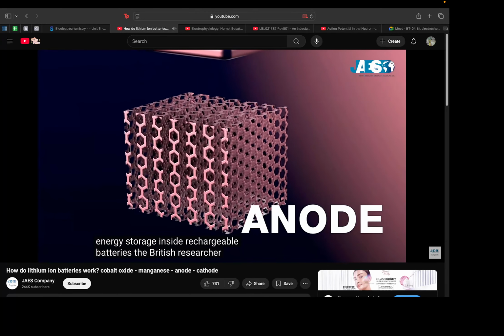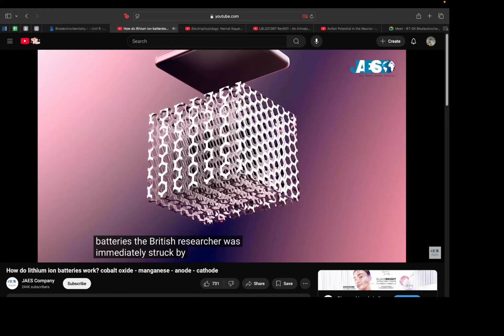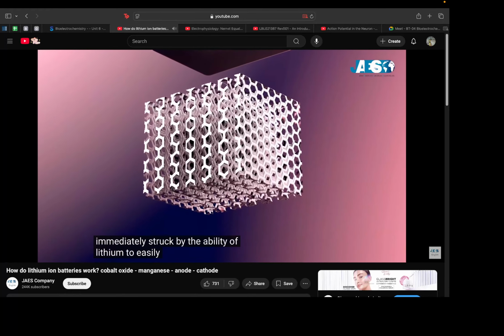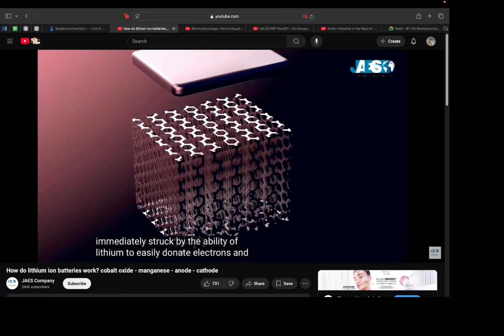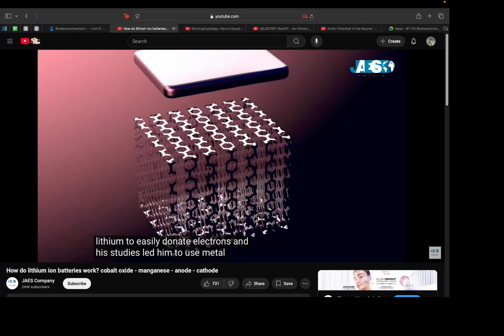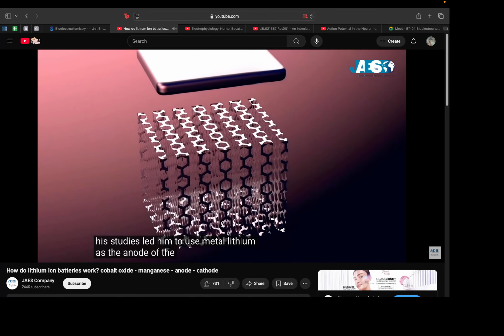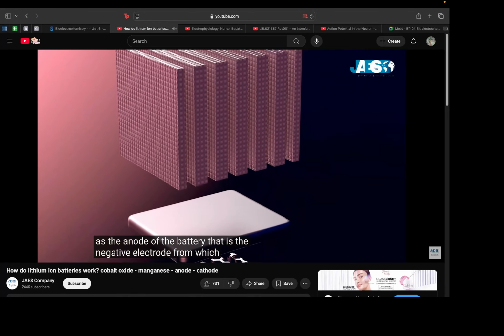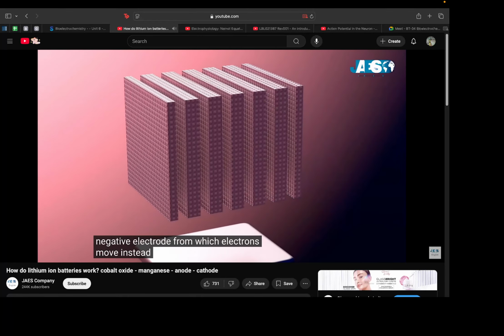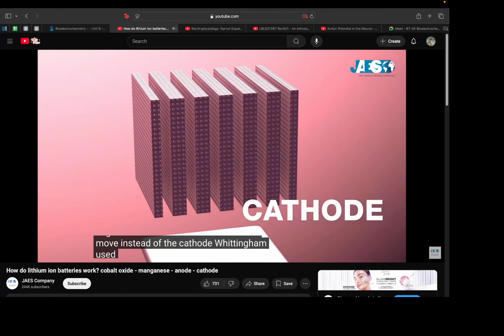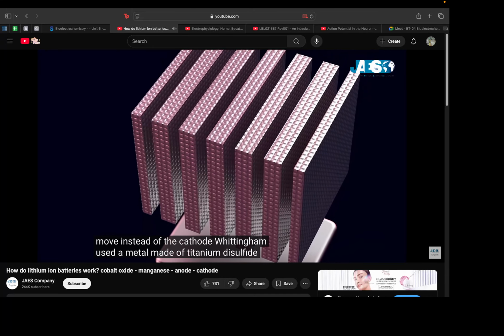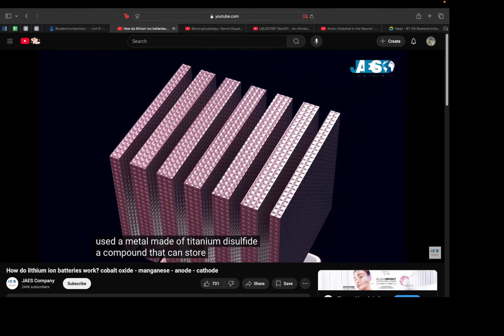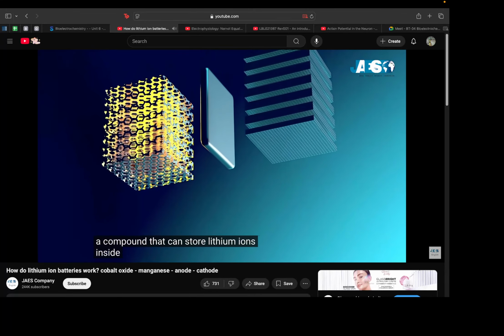The British researcher was immediately struck by the ability of lithium to easily donate electrons, and his studies led him to use metal lithium as the anode of the battery. That is the negative electrode from which electrons move. Instead of the cathode, Whittingham used a metal made of titanium disulfide, a compound that can store lithium ions inside.